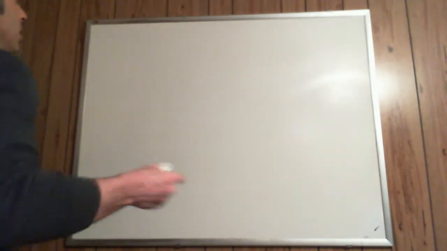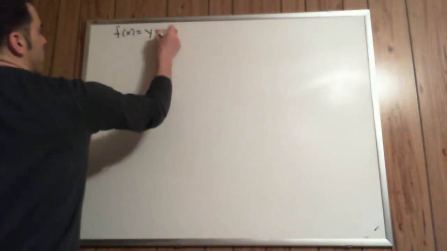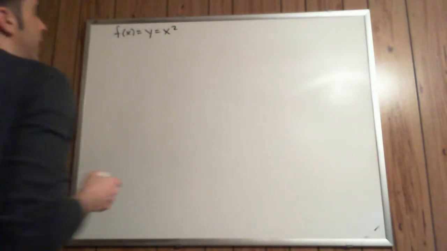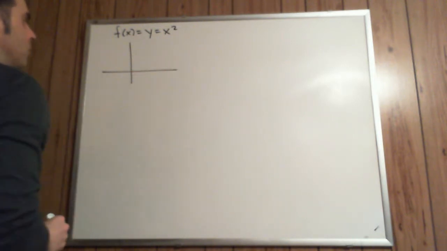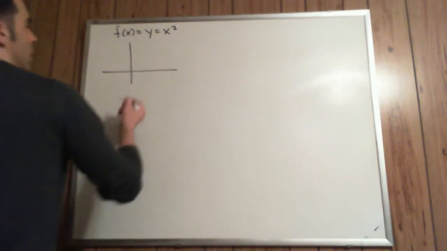Okay, so here in this video we're going to consider our last volume of revolution. Let's consider something easy. Suppose f of x, or y, equals x squared, and we're bounded by the first quadrant, where y equals 0 and x equals 0.